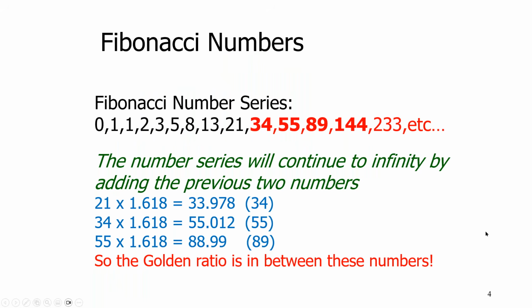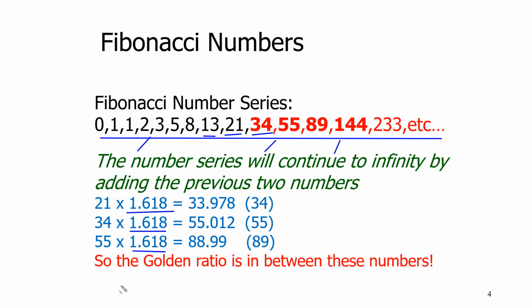So for those of you who are not familiar with the Fibonacci number series, I'm going to go over those quickly. This is basically the number series where you add the prior number to get the next number in the series. So for example, 13 plus 21 is going to be 34, and so on out to infinity, okay? And one of the things that we've found in between these numbers as you move out to infinity is that we have the golden ratio basically in between these numbers.